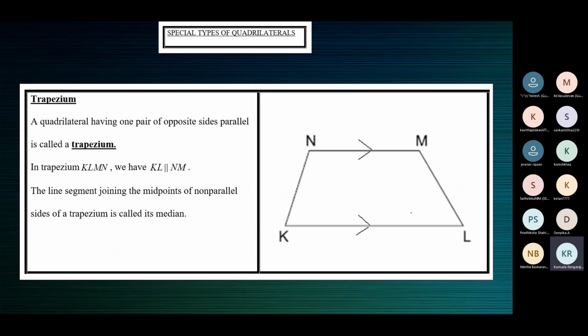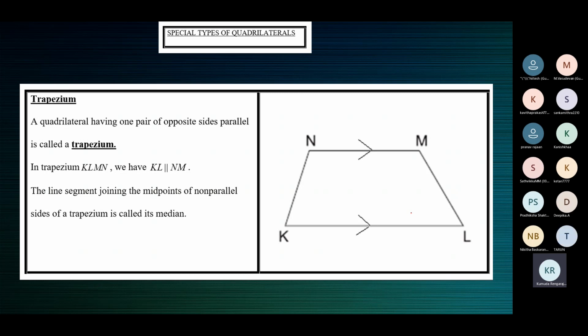Like in lower classes, how do we identify prime numbers? Our teachers told us that a number which has exactly two factors is a prime number. So when you were asked, is 15 a prime number? You worked out the factors. You find that 1 is a factor, 3 is a factor, 5 is a factor, 15 is a factor.